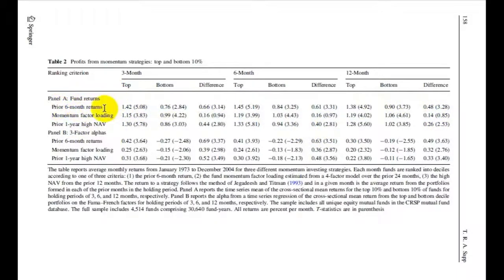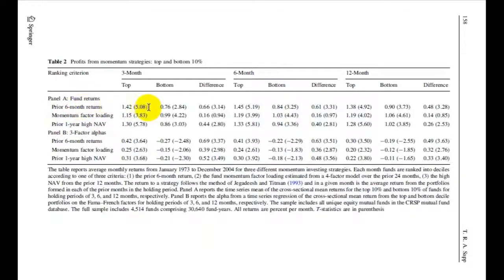The three different ways are the prior 6-month returns, and this is more in line with the Jegadeesh and Titman method from 1993. They've also ranked them according to the factor loading in the Fama-French-Carhart model, and they've also ranked them according to the nearness to the recent 52-week high.